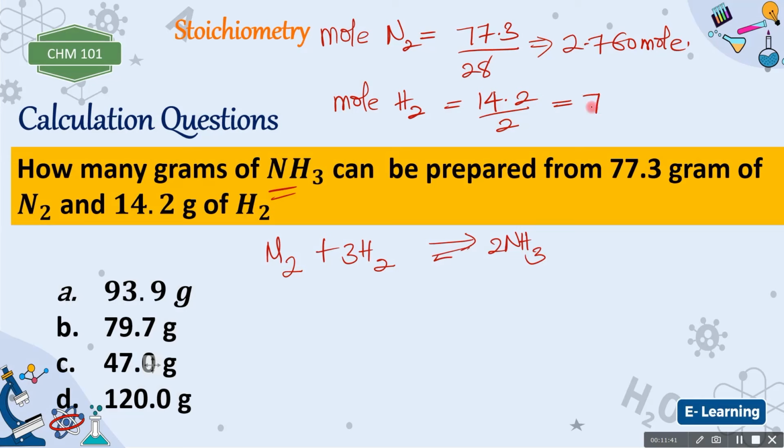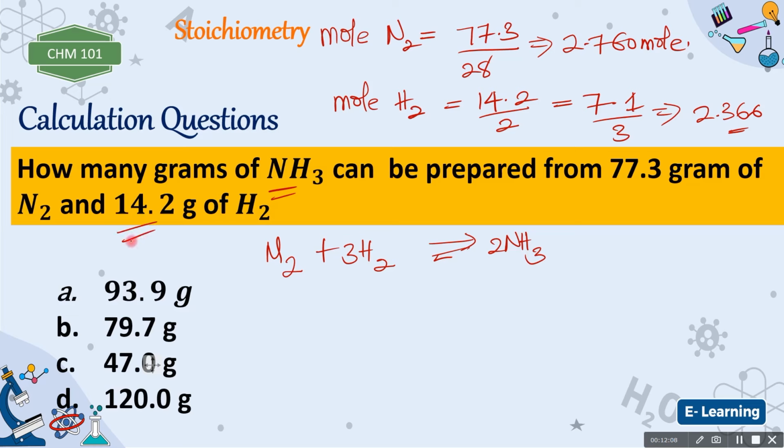Battery is running low. Now you are going to divide them by their number of mole. Hydrogen here is 3, nitrogen here is 1. So you are going to divide this by 3, which will give us 7.1 divided by 3, which will give us 2.366. It means that hydrogen will determine the amount that can be produced.